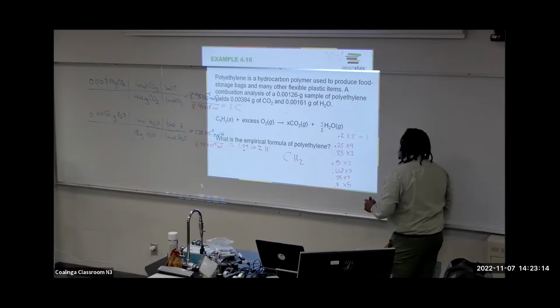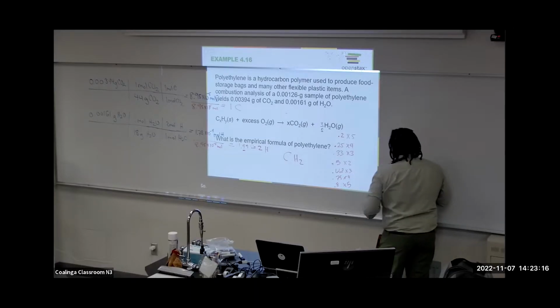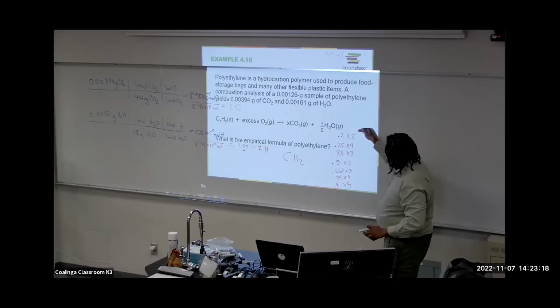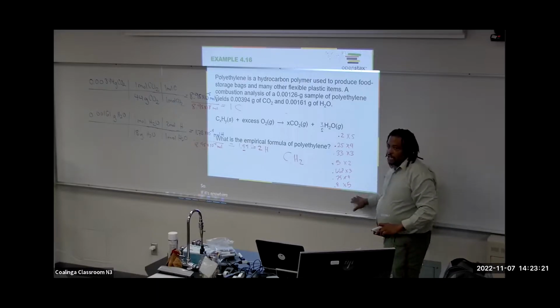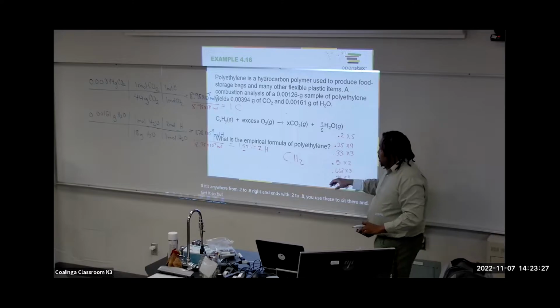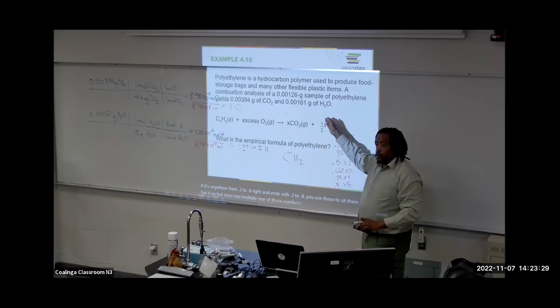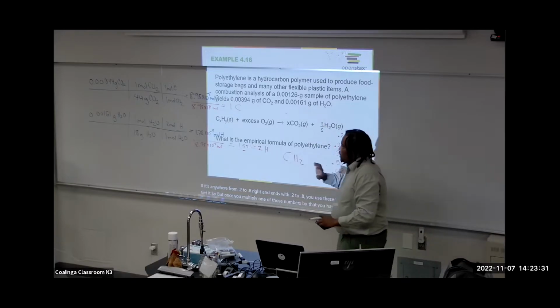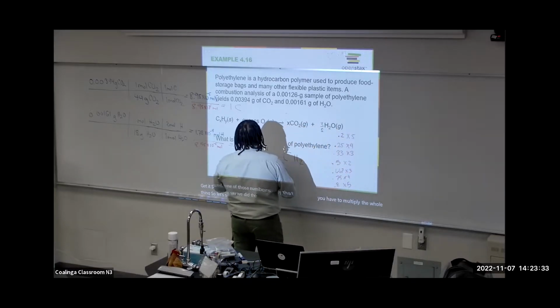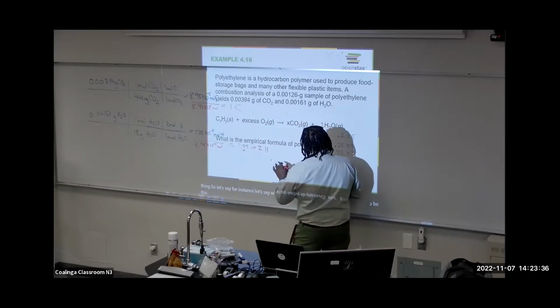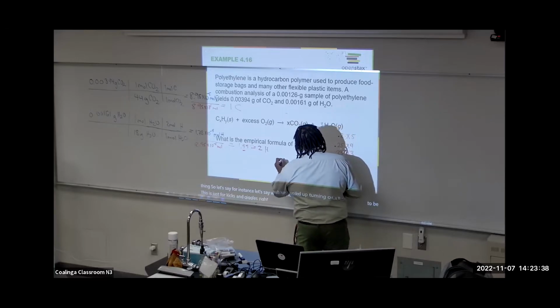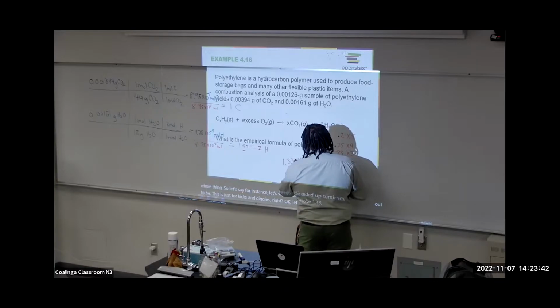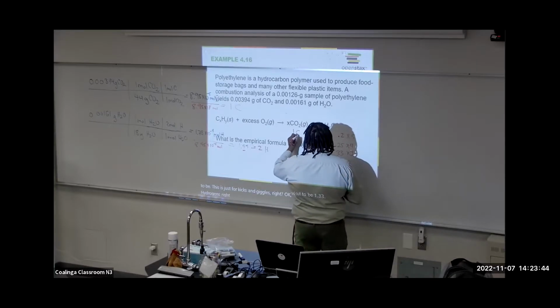So if it's anywhere from 0.2 to 0.8, you just need to sit there and figure it out. But once you multiply one of those numbers by something, you have to multiply the whole formula. Let's say, just for kicks, it turned out to be 1.33 hydrogens and we had 1 carbon.